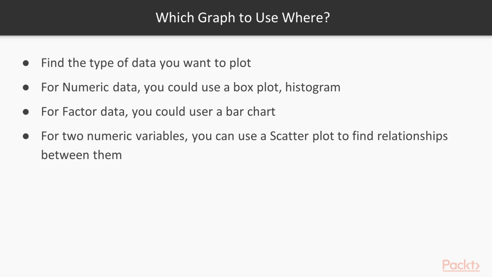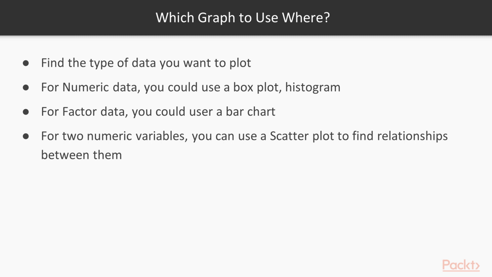So simply you could plot a bar chart where the first bar indicates the number of males in your data set and the second bar indicates the number of females in your data set. Just visually looking at them, you could understand which gender is more in your data set.